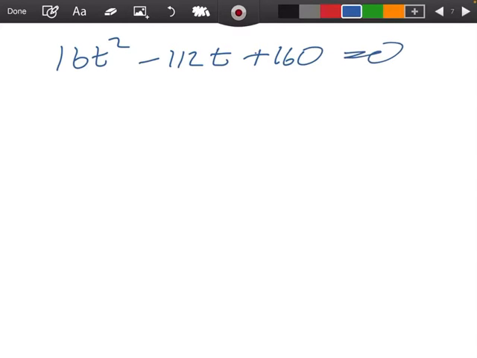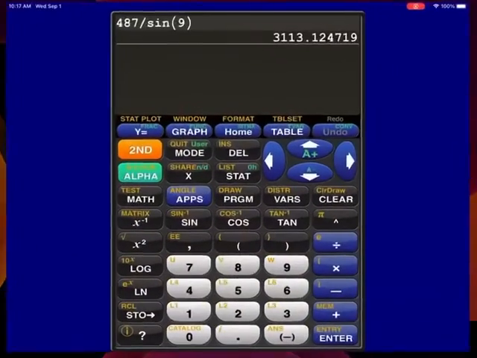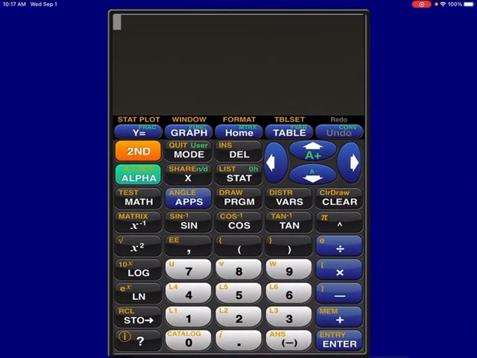The first thing I'm going to try, I don't know if it will work, is to see if I can factor a 16 out of all of them. I know 16 definitely goes into here, and I know 16 goes into here. I'm not certain if 16 goes into 112, so let's see if that's going to work. I'm using my Graphing Calc app, guys.